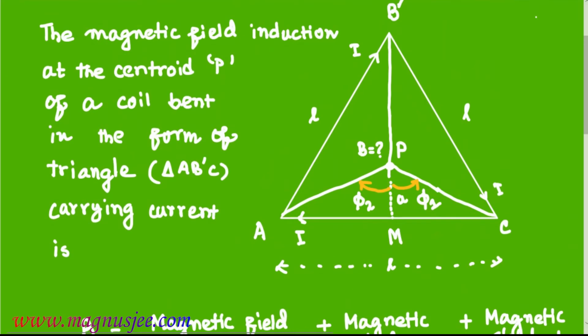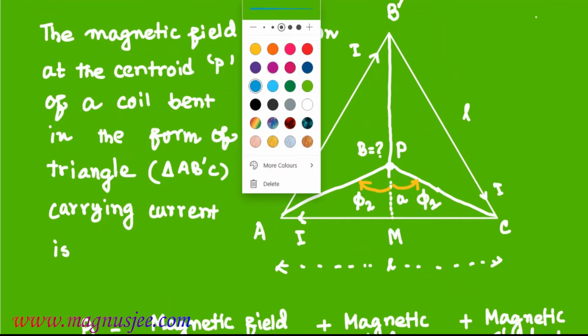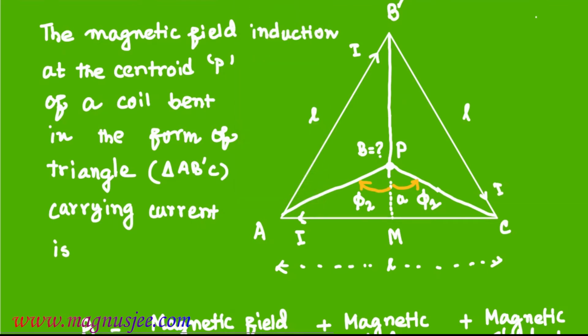The values of phi 2 and phi 1 are 45 degrees and 45 degrees. Phi 2 is the angle subtended by the oblique distance AP with the perpendicular distance a.